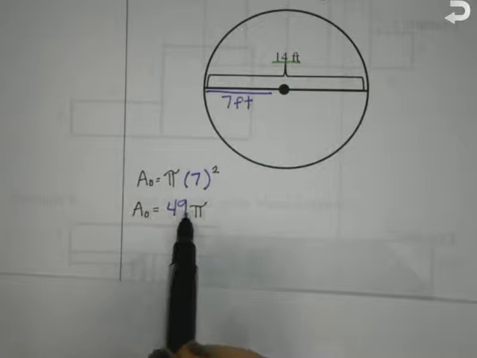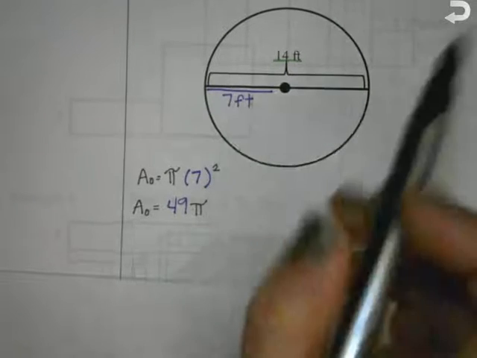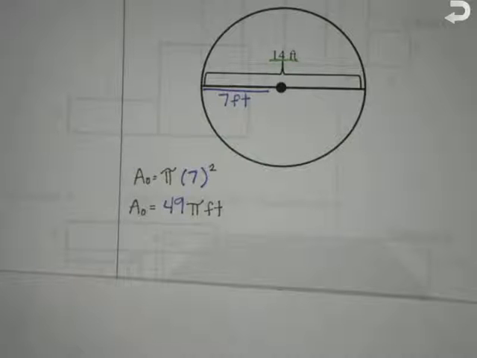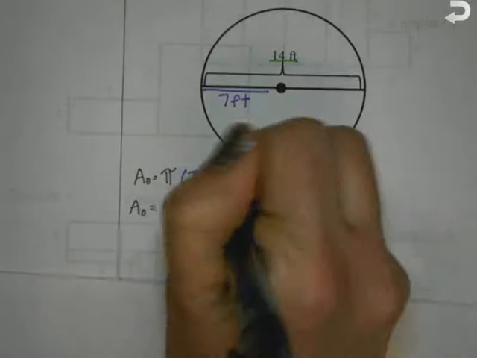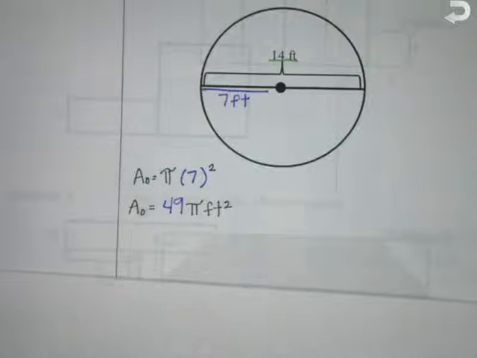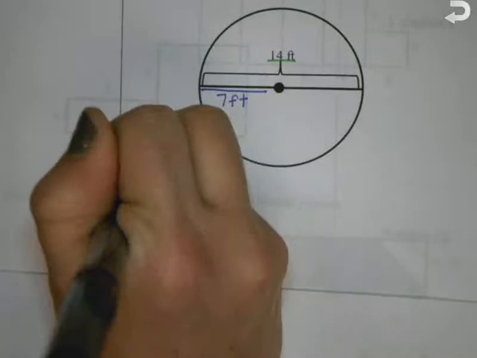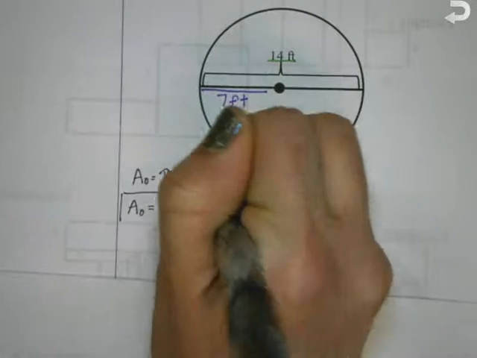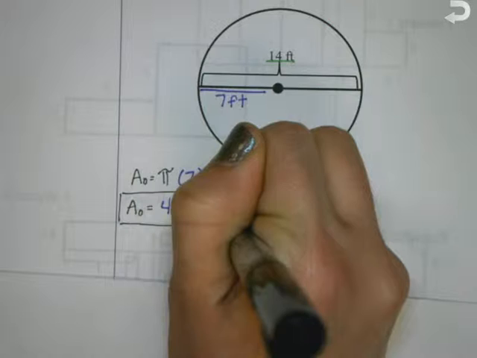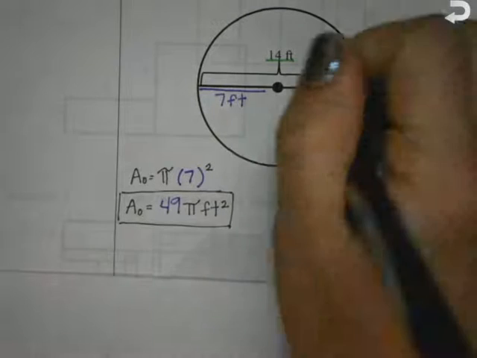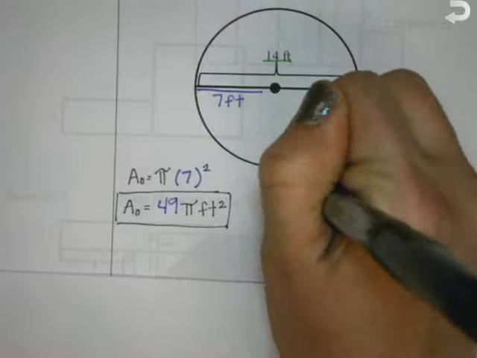Okay? Now we have to plug in what for pi? 3.14. So this is 49 times 3.14. So let's do that work. 3.14 times 49. 9 times 4 gives me 36.